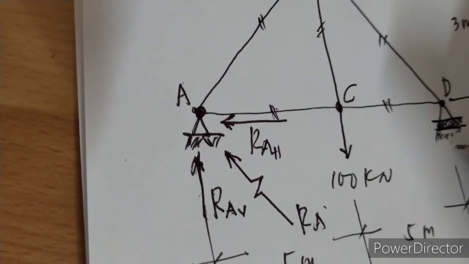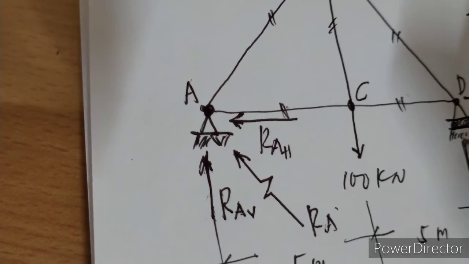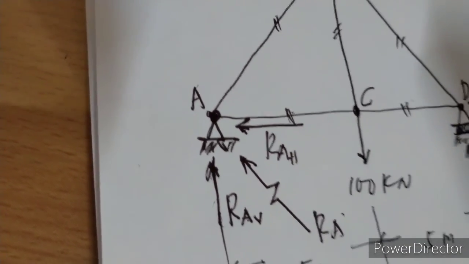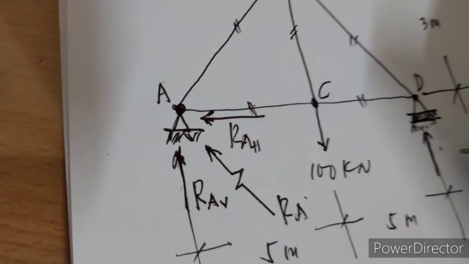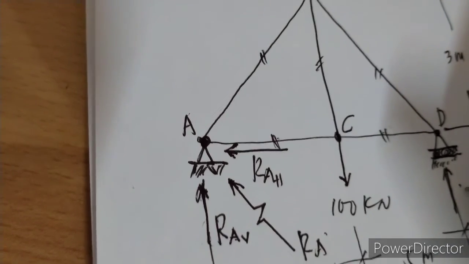as we have discussed before, we have the reaction in here as a vertical reaction only, because a roller support will just be reacting vertically.